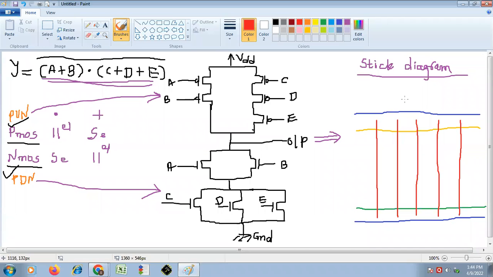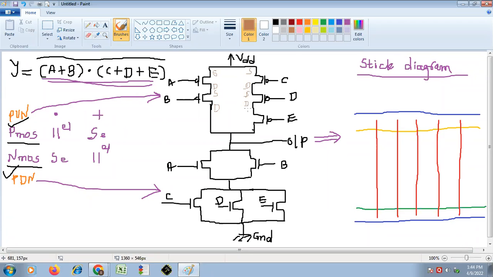Now see here, as I have to make these connections, again, I will mark this. Okay. So this is a source. This is a source. This is drain. This is also drain. It is again source of B. It is drain. It is again source.